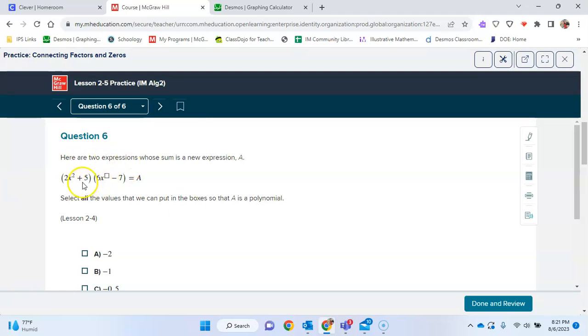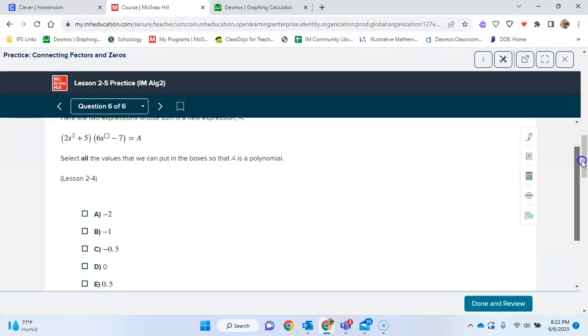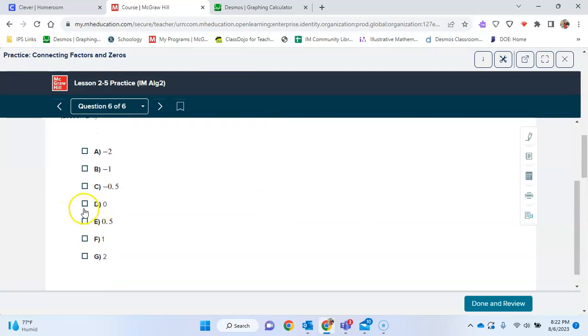All right, so if you multiply these inner terms, 5 times 6x to some power, remember the exponent has to be a whole number. So which ones? It says select all the values that we can put so that a is a polynomial. The only whole numbers are 0, 1, and 2. These three are negative, and this one is fractional.